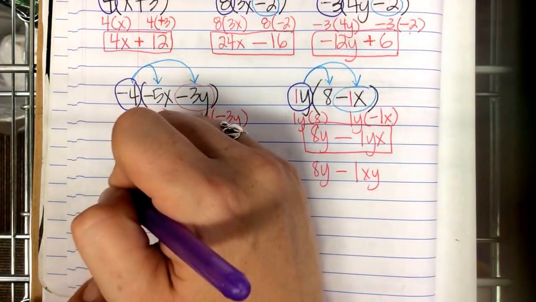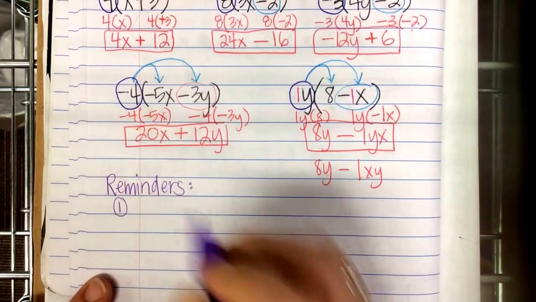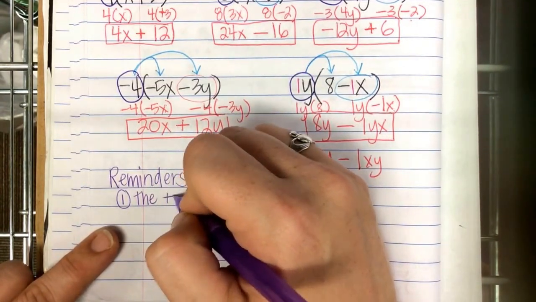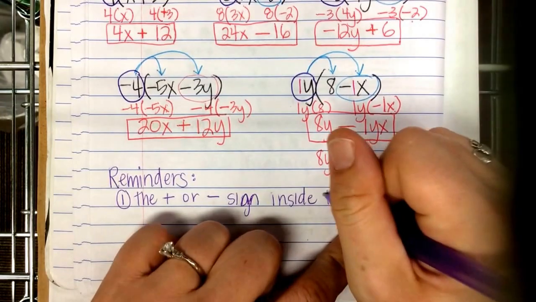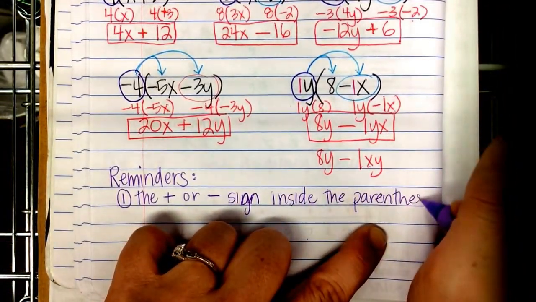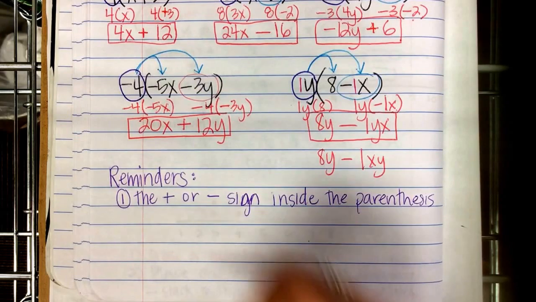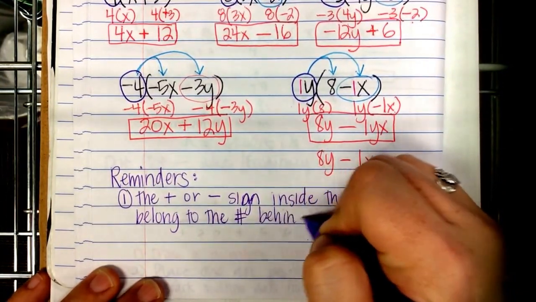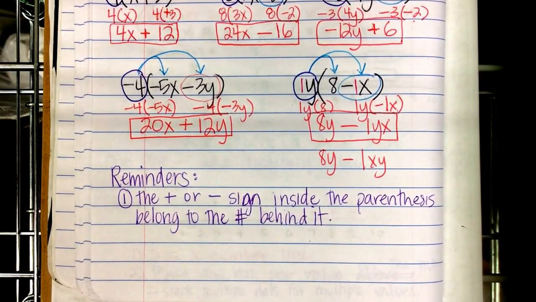So here are some reminders. Reminder number 1: the plus or minus sign inside the parentheses belongs to the number behind it, right?